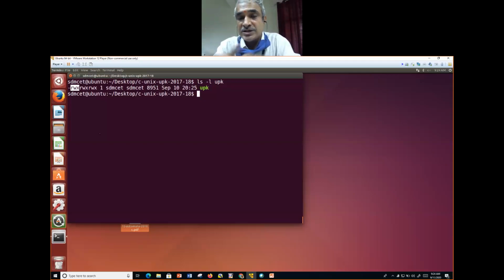Who is the owner? You are logged in, and in your current directory you have created a file. Whatever username you have, you are the owner of this. The first three things, whatever I highlighted, refer to the access permission that the owner has.